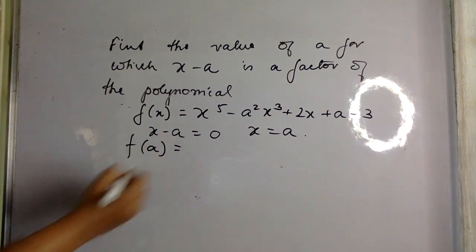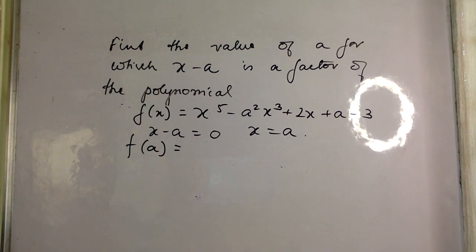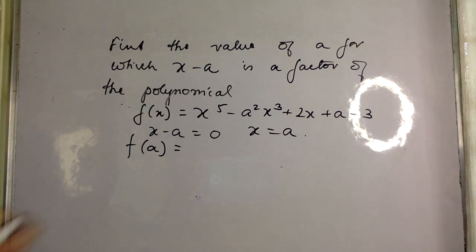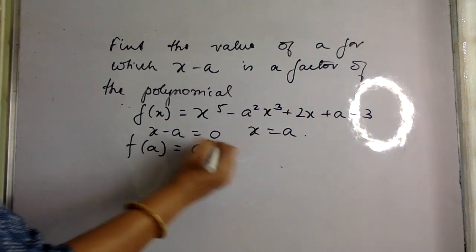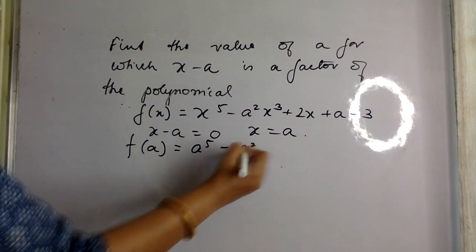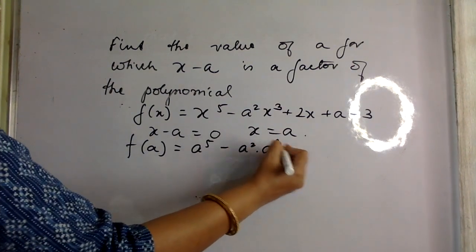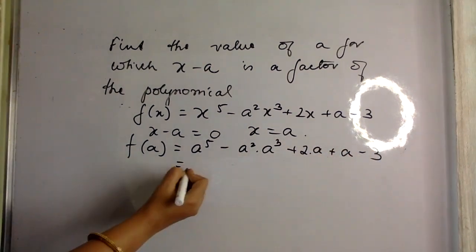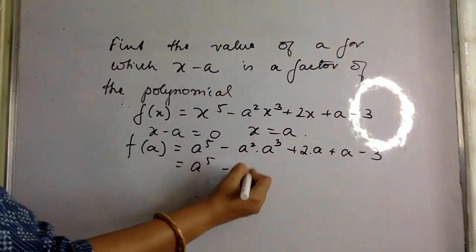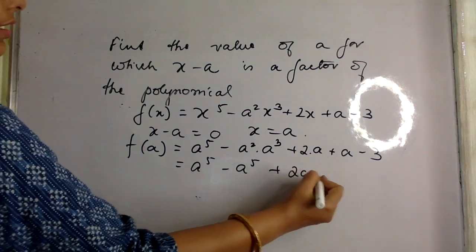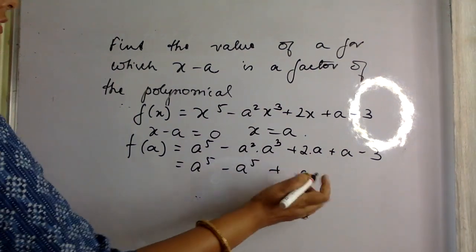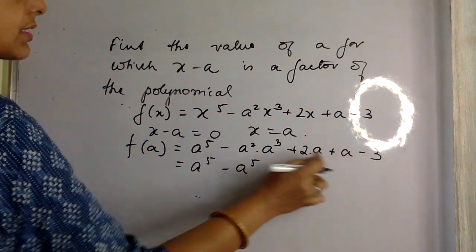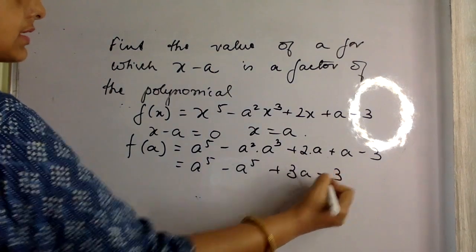So f(a) is equal to a to the power 5 minus a square into a cube plus 2 into a plus a minus 3, that is a to the power 5 minus a to the power 5 plus 2a plus a minus 3, which is 3a minus 3.